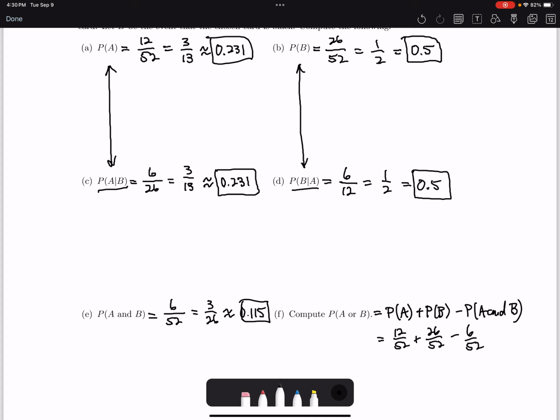But let's see what we get. So we're going to have 12 plus 26 minus 6, all out of 52. And that comes out, as a fraction, to 8/13, or as a decimal, it's approximately 0.615.